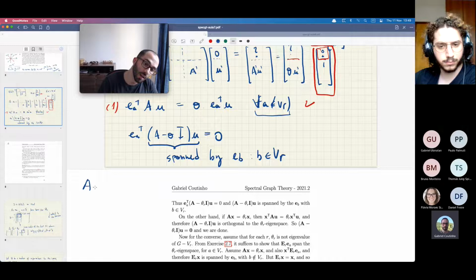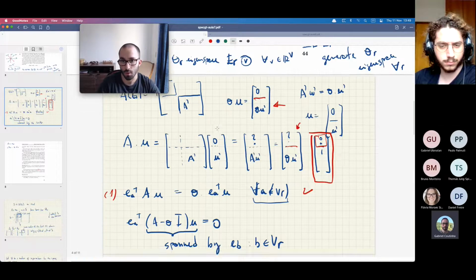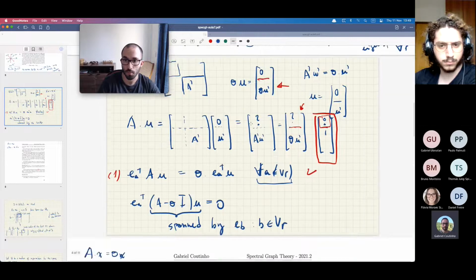So if I get AX equal to theta x, and then I get AU, and I multiply this by x, this is going to be precisely equal to theta times x transpose U. This U, the U that I'm using up here.